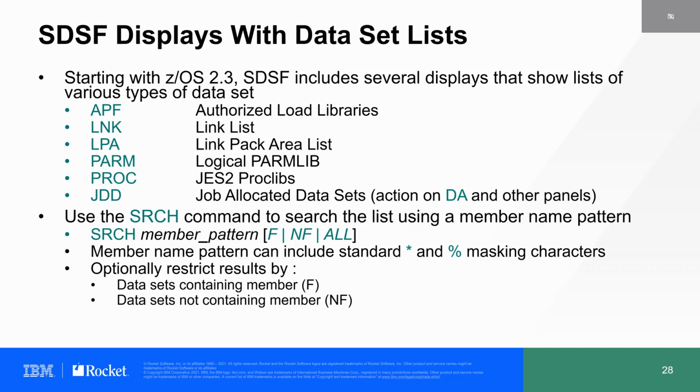Then you have some options on how you want to display the results. The default will show you every single data set and whether or not it found the member within that data set. But you can say, only show me the data sets where there was a match, or maybe you want to see the data sets where there wasn't a match. So there's an F for found and an NF for not found, or ALL, which is the default.